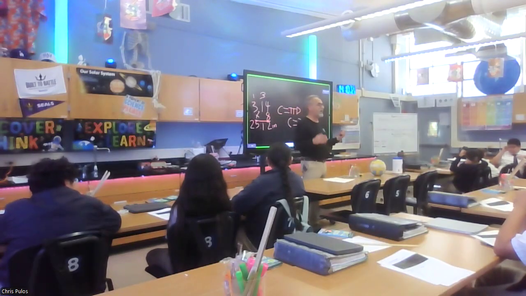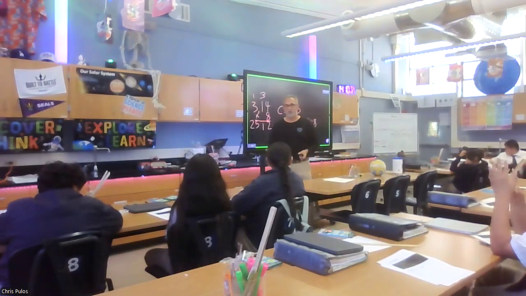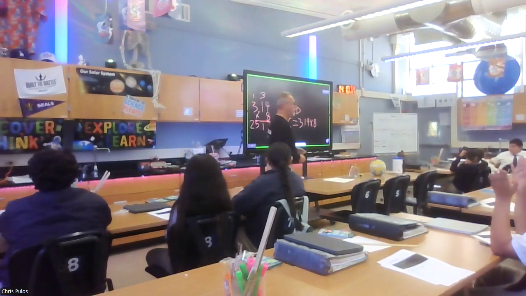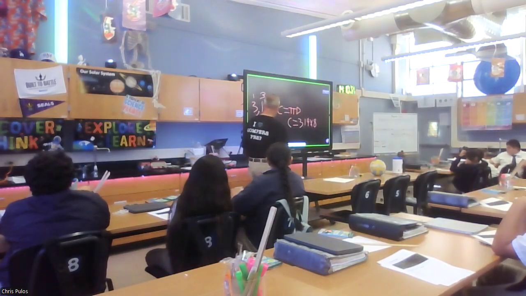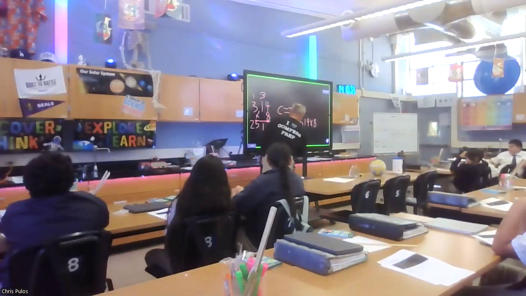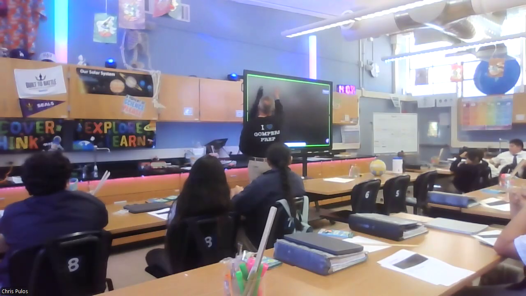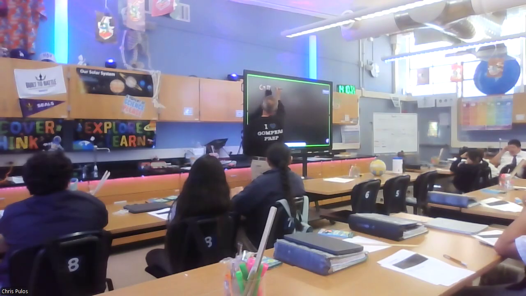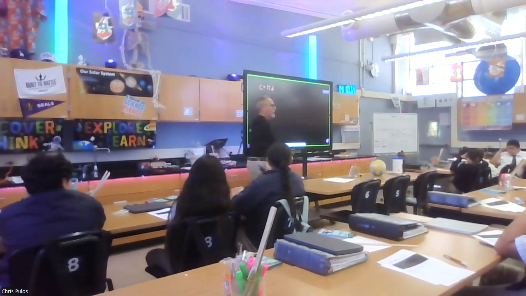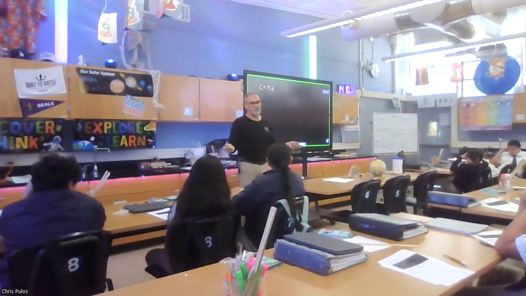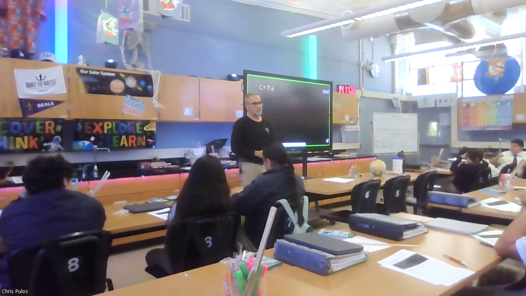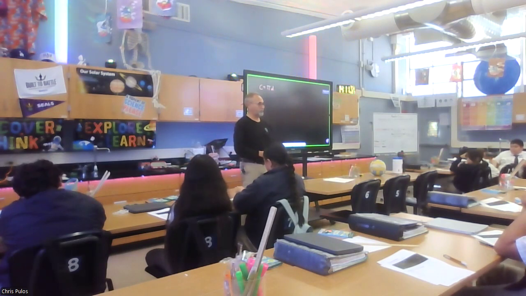But now, what if we have the circumference, but we don't have the diameter? Well, let's write our initial formula. C equals pi d. Now you're all going to recite with me my algebra mantra that we've been doing all year.